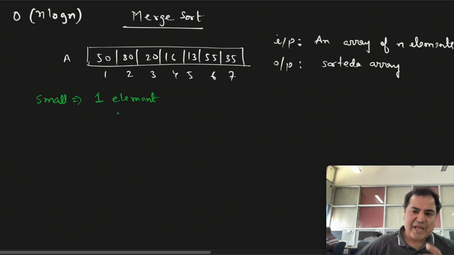If we have more than one element, then we apply a procedure called merge sort.